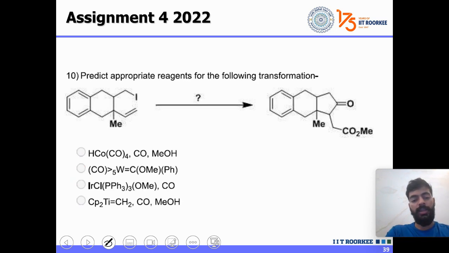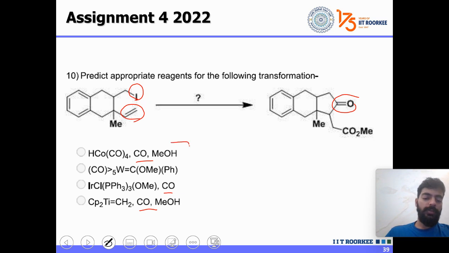Predict the appropriate agent for the following transformation. So we have already seen that. So if we see here, this iodine is directly being converted to a carbonyl group, and here this alkene is being reduced. So we need carbonylation where it is happening here and here, and again the reduction of the alkene group.